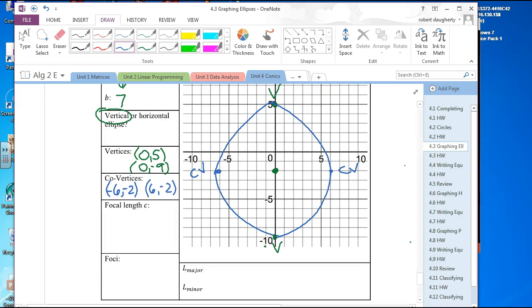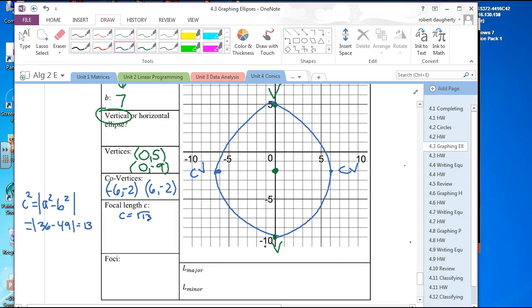So focal length, c squared equals the absolute value of a squared minus b squared. So that is what, 36 minus 49. So this is 13. So the focal length c is equal to the square root of 13. Okay. So by definition, what is c?